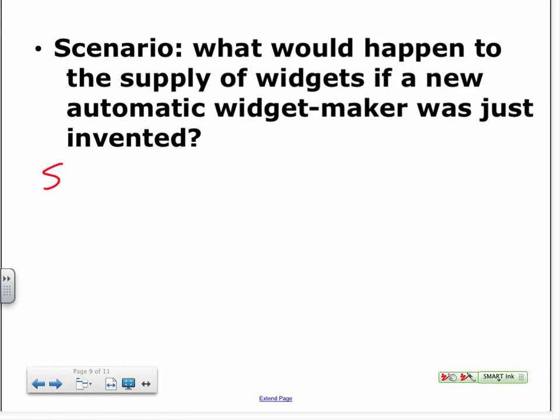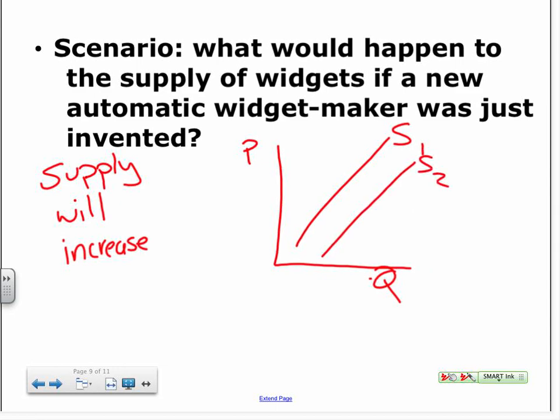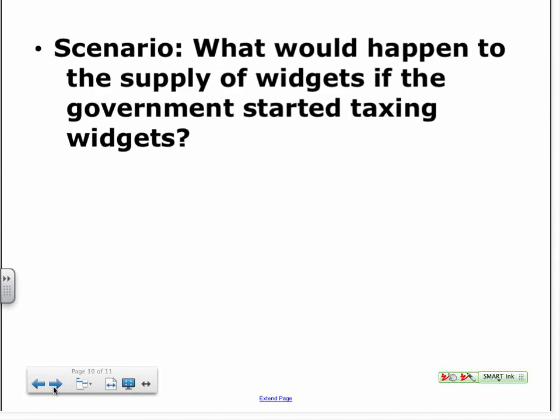So your answer is supply will increase, and then you show that with a graph, your simple price, quantity, supply 1, and then an increase in supply is a rightward shift, supply 2.